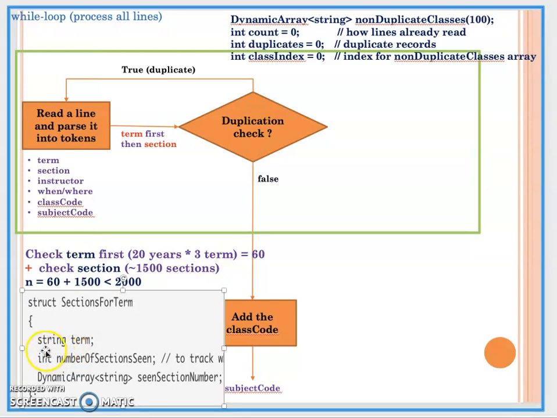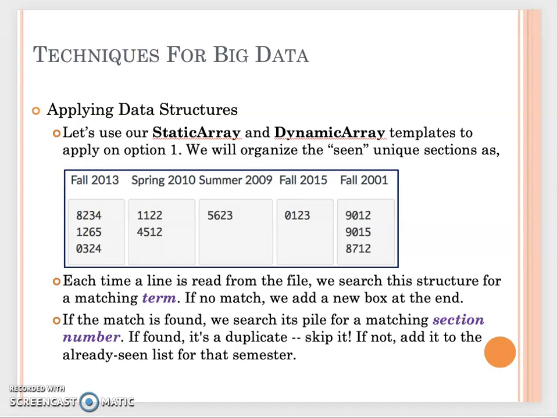So we have a string for the term. Then the sections need to be grouped together, so we give them another array. Like you said, it could be a dynamic array or a static array, your decision. With a static array you need to know exactly the number, or roughly the idea.